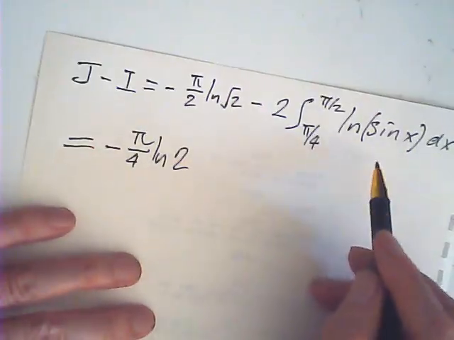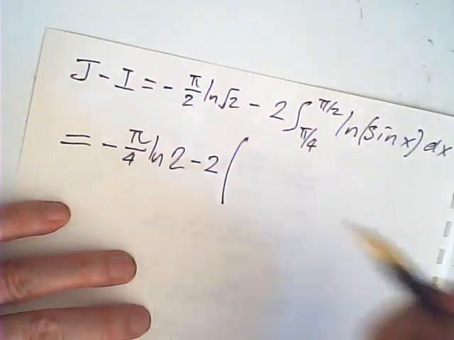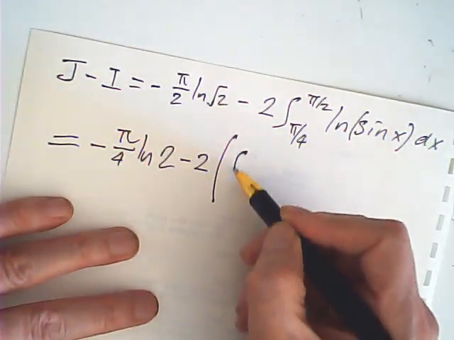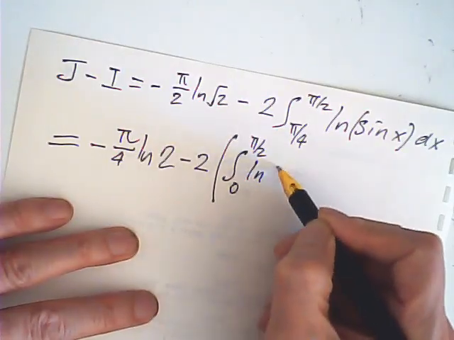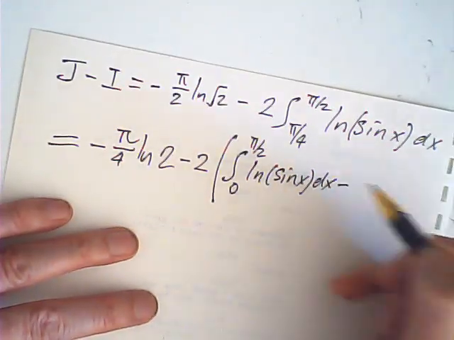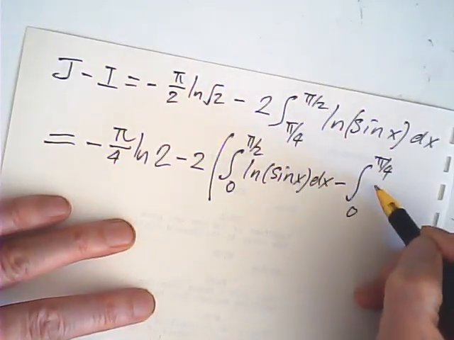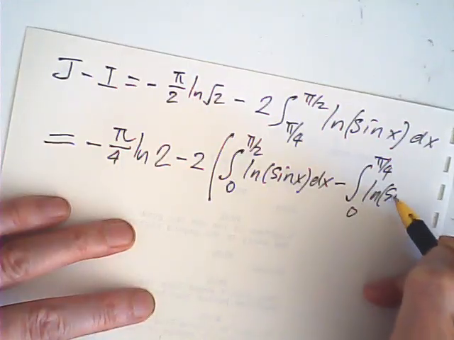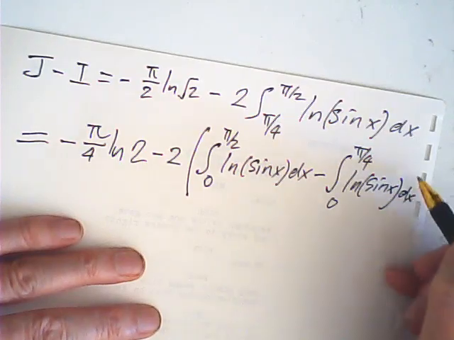For this integral, I can write it as the integral from 0 to half pi of log sine x dx minus the integral from 0 to quarter pi of log sine x dx, right?